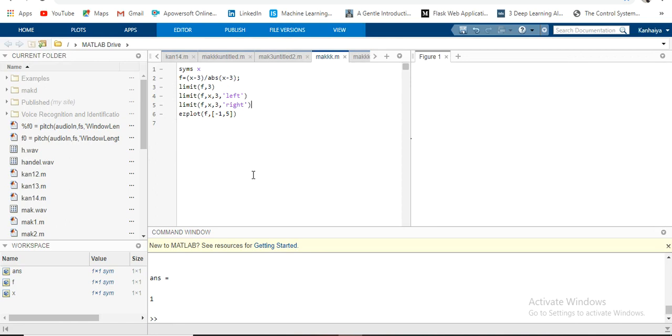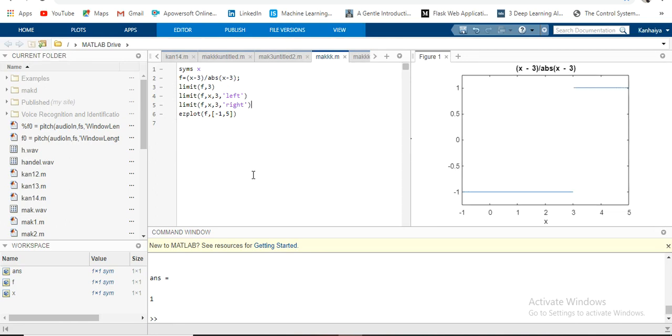Look, at 3 it's minus 1, and when it comes to 3 it jumps to plus 1. That means 3 is the point of discontinuity. At 2, 1, 0 it's showing minus 1, but after 3, 4, 5 it's giving 1. The point of discontinuity is 3.